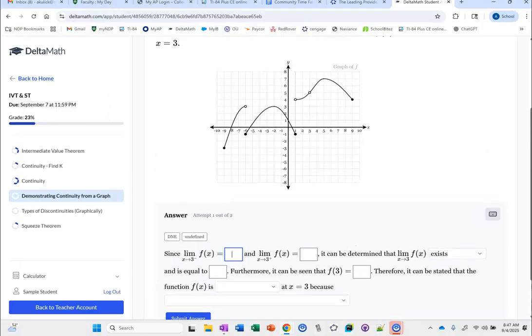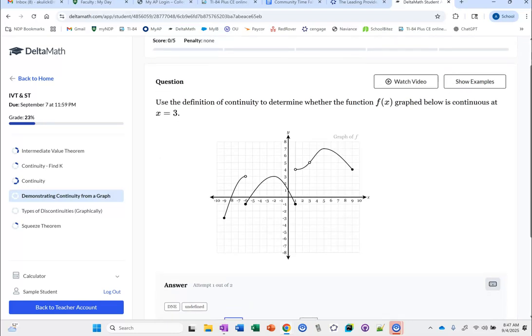So this next one says use the definition of continuity to determine whether the function graph below is continuous at x equals 3. So if I look at x equals 3, continuous there? No, right?